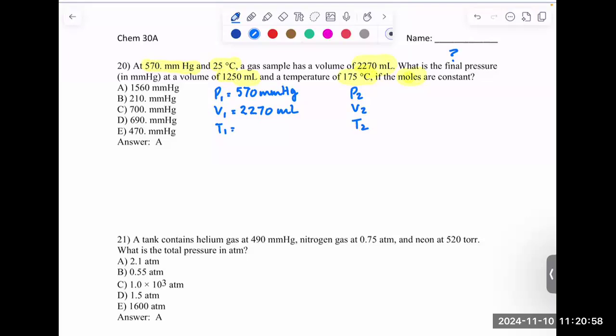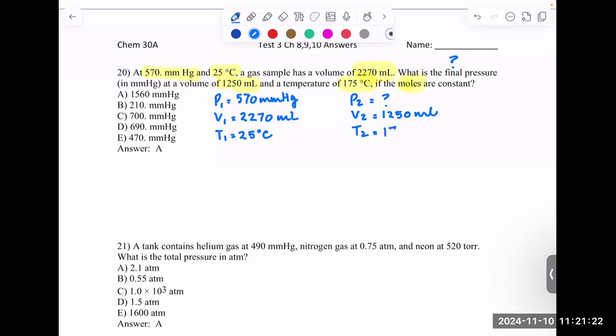Temperature is 25 degrees Celsius, okay? What is the final pressure? P2 we need to find. V2 is 1250 milliliters, and the temperature is equal to 175 degrees Celsius.